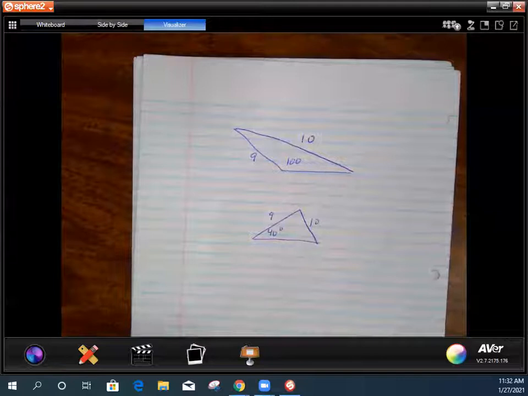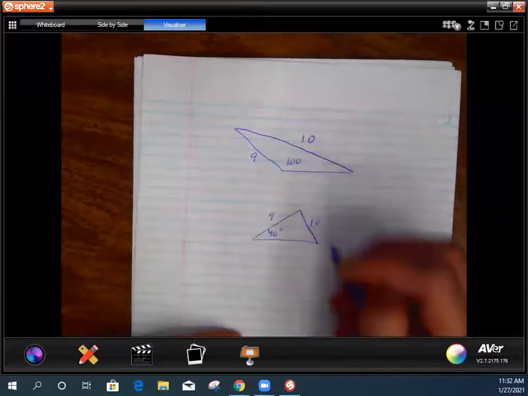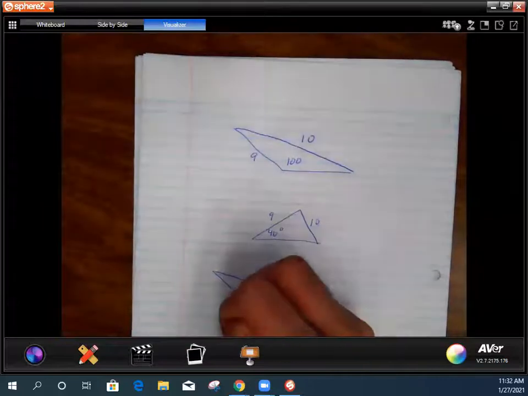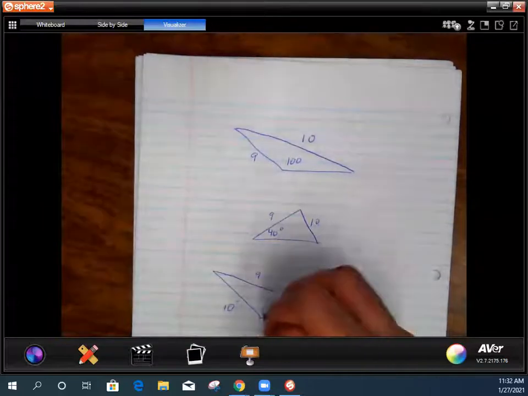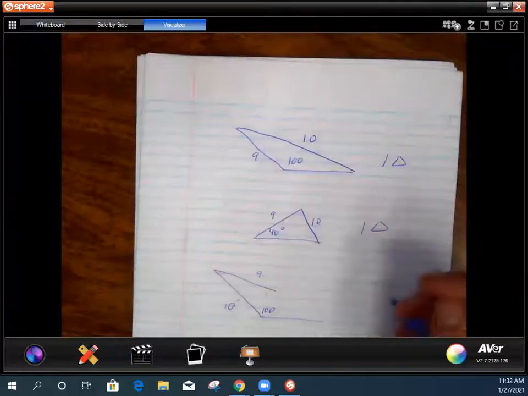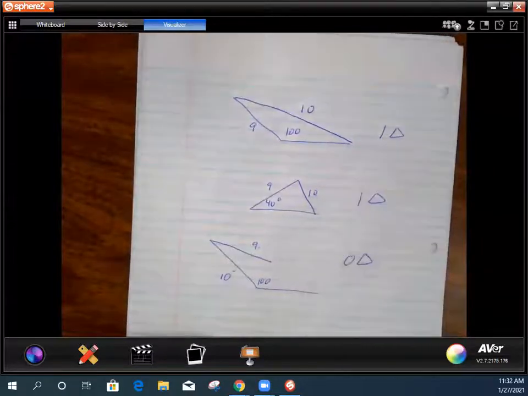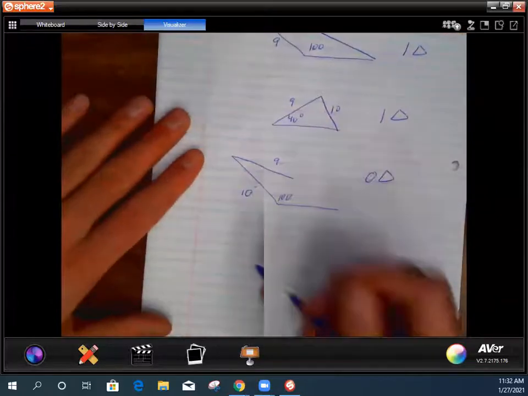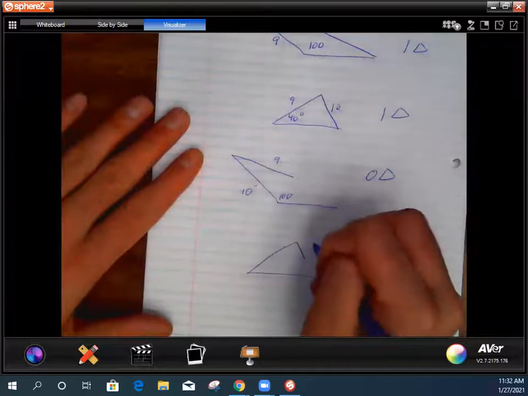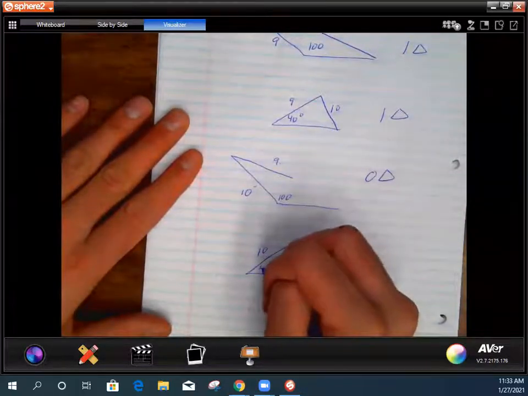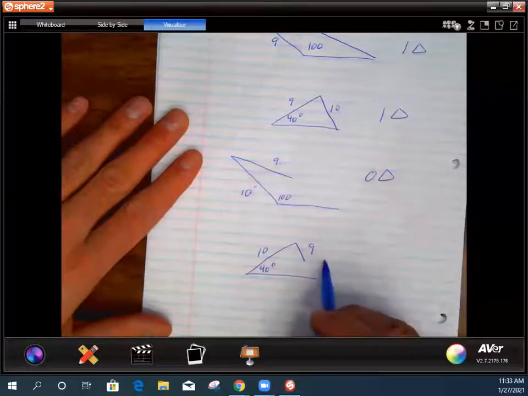If the side opposite is less than the side adjacent, it depends on whether the angle is acute or obtuse. If it's an acute angle and the side opposite is less than the side adjacent, then you have to find the height.